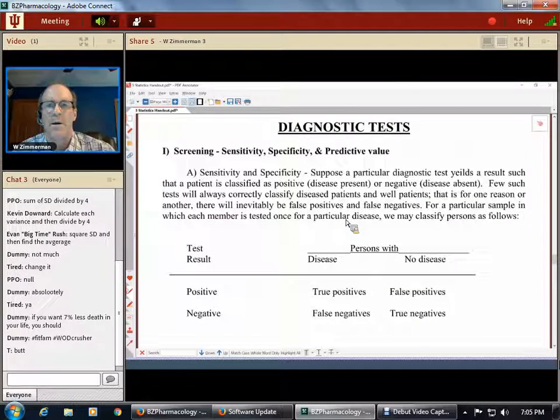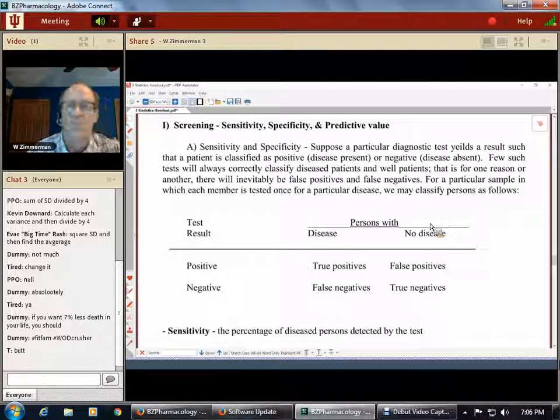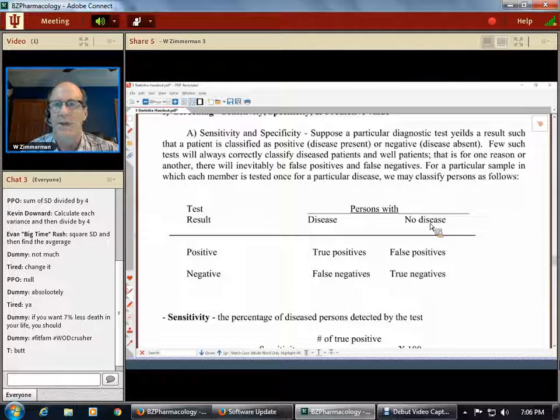Okay, jumping subjects a little bit here. Diagnostic test. And one of your modules is diagnosis, so this pertains really to that module. When we talk about screening, we'll use terms like sensitivity, specificity, and predictive value. And you've probably seen this in your PATH classes.